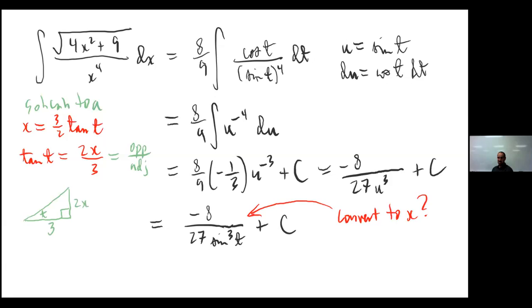And what is the hypotenuse length of this triangle? What does that remind you of? The square root of 2x quantity squared plus 3 squared, right? Because the sum of the squares of the legs has to equal the square of the hypotenuse. You have to take the square root of the sum of squares. What do you end up with? The square root of what? Does that seem familiar to you?